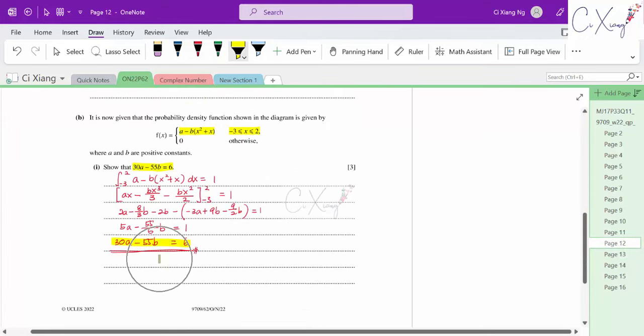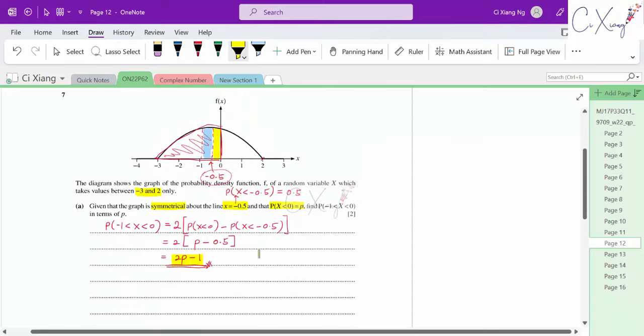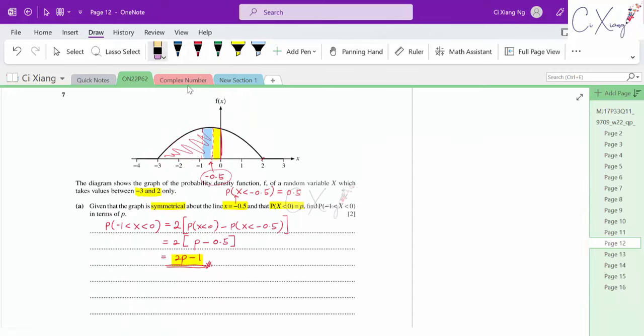To make the calculation easier, you can consider substituting 2 into the function f, or substituting -3 into the function f, so that you get them equal to 0, right?